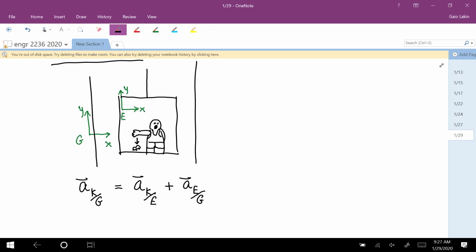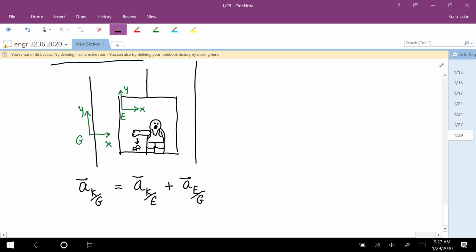Almost always in these kind of problems, there's the ground, like some kind of fixed coordinate system, and then there's some vehicle or something, some object moving, and then something moving relative to that vehicle.